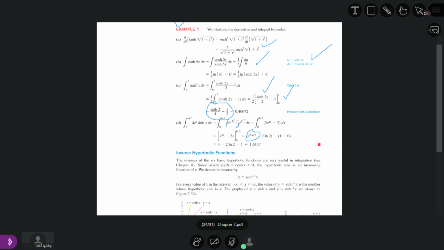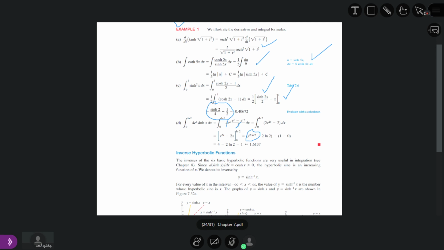So that is why we have here 2 squared, which is equal to 4, minus, whereas for x we put the upper limit, so 2 ln 2. Minus e^0, which is equal to 1. So that is why we have here 1. If you put this, 4 minus 2 ln 2 minus 1, it is enough.